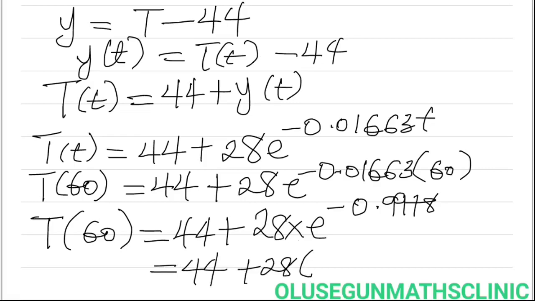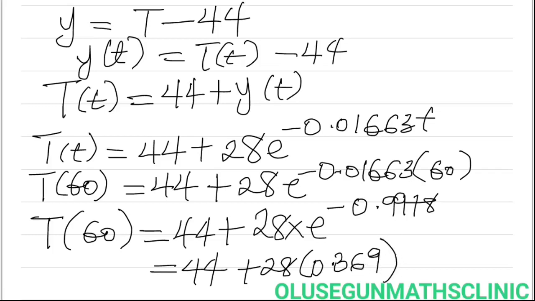So let's find the exponential function of minus 0.9978. I press exponential raised to the power minus 0.9978, and it gives us 0.36869.